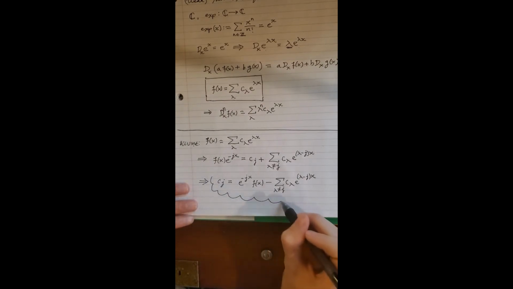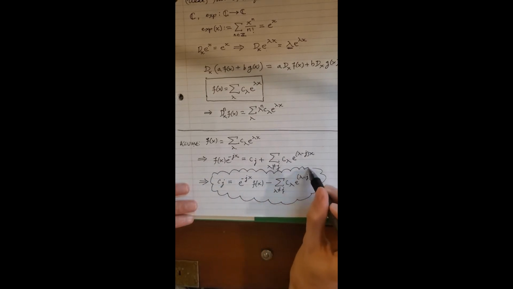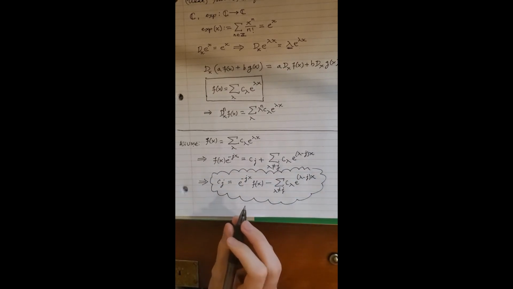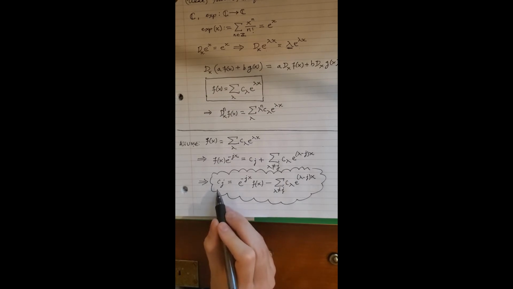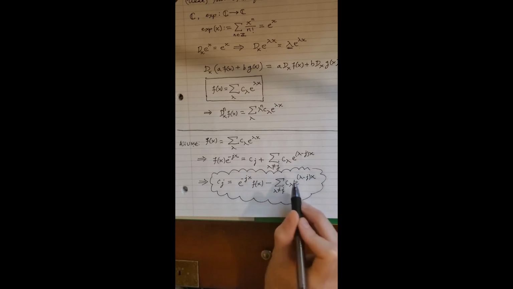And this doesn't really look like it's going to help us very much, because here we have one coefficient, but then we have this formula for it that involves every other coefficient. So that's not very useful, seemingly.